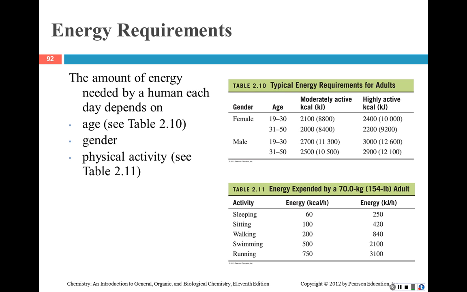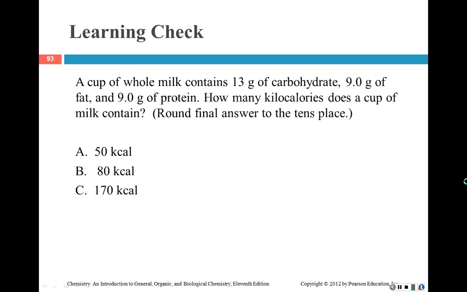And if you do that, then you shouldn't gain or lose weight. If you want to lose weight, obviously, you want to lose more than you take in. And so these tables just kind of show you, and it's different depending on your age and whether you're male or female, and how active you are and things like that.